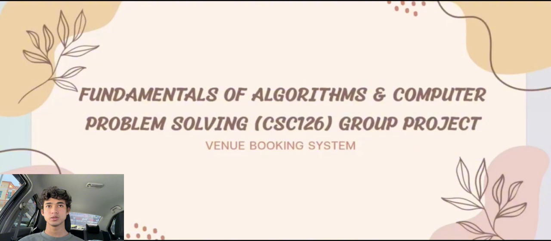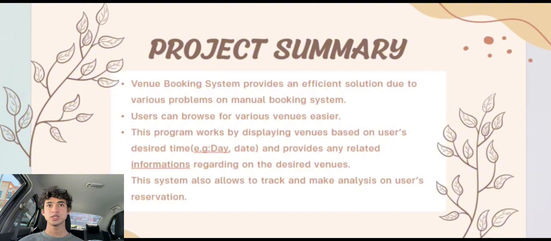Today we will be presenting our group project called Venue Booking System. In this system, we will be providing an efficient solution for manual booking system problems. Users can also easily check the availability of the venues and save a lot of their time.